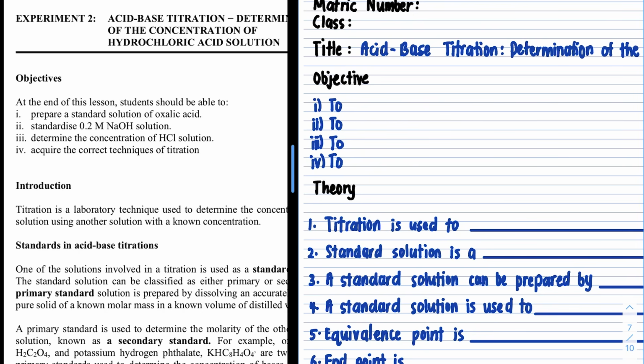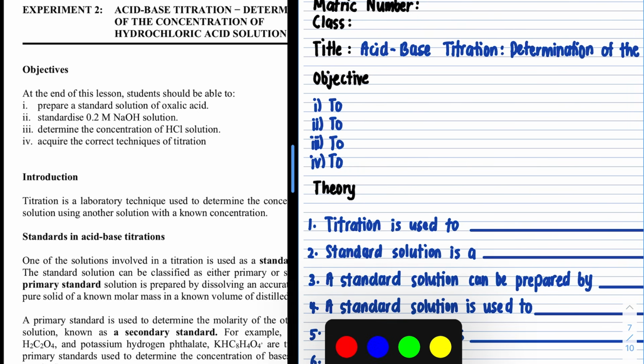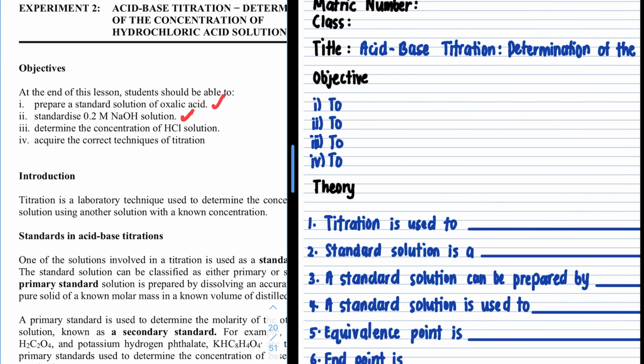When you write down the objective in your lab report, you can refer back to the objective in your lab manual straight away. In this experiment, we have 4 objectives: 1, 2, 3, 4.